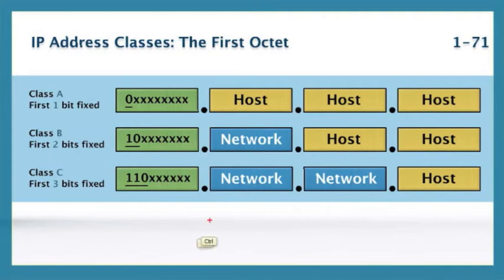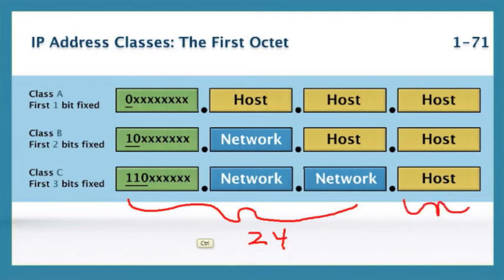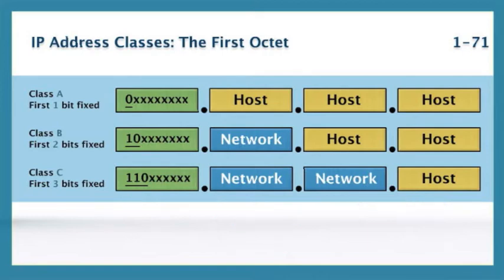This had the first 3 octets, 24 bits identifying streets. So lots of different street identifications here, but only 8 bits for the addressing of houses or computers on each of those streets or networks. Wow. Very interesting.